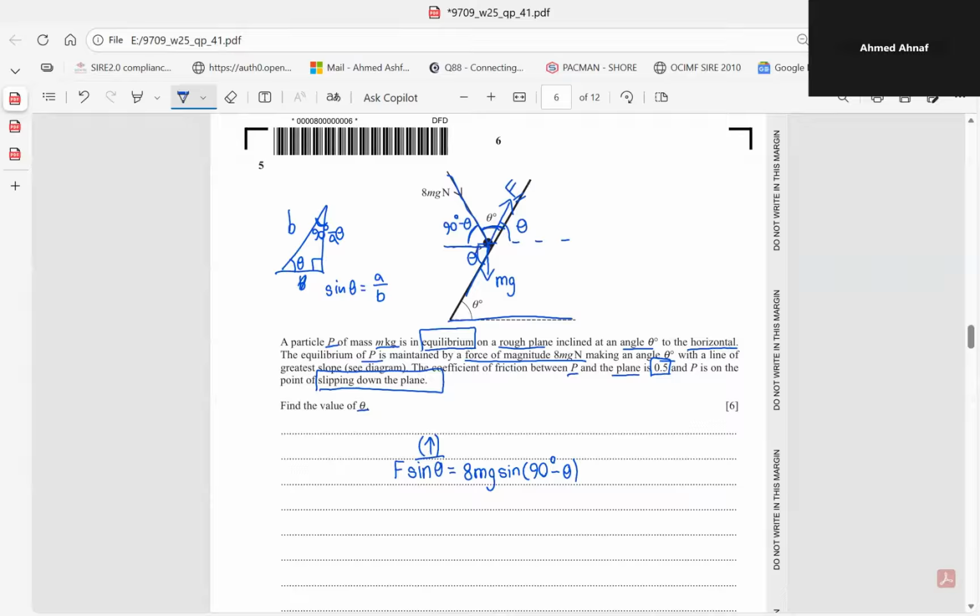So now sine (90 minus theta) is C over A. And for C, we know that it's just B squared minus A squared, over B.